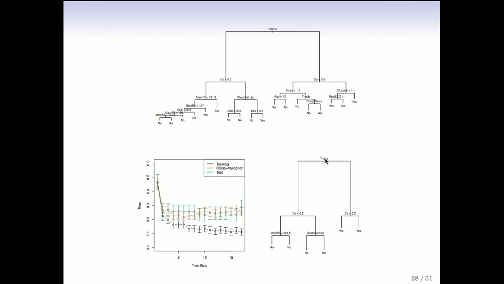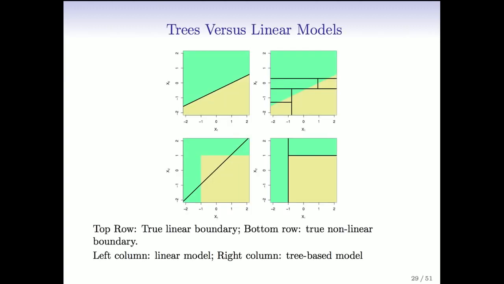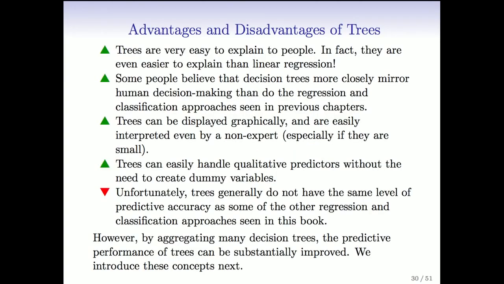If the test was passed, we might, again, do a calcium test and then followed by some other criteria. So you stratify the population in a series of simple rules to try to determine whether a patient is of high or low risk. So for that reason, trees are popular because of their simplicity and the fact that they mimic the way some people make decisions as a series of splits.